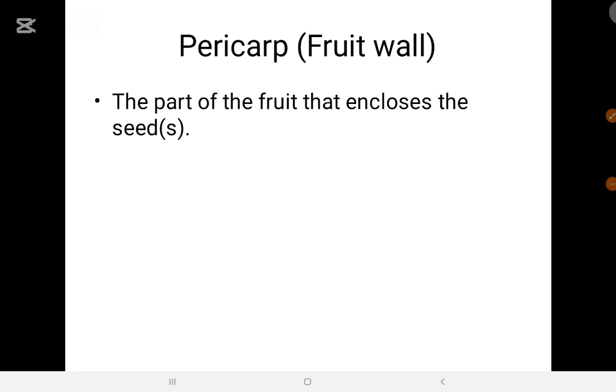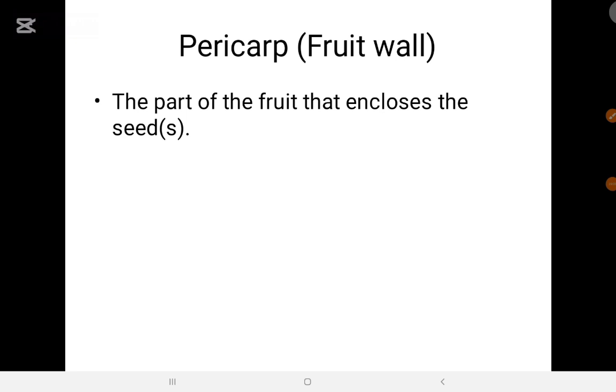Then the pericarp is basically the outer portion of the ovary that encloses the seed. The outer portion of the ovary forms the pericarp, and the pericarp is divided into three.